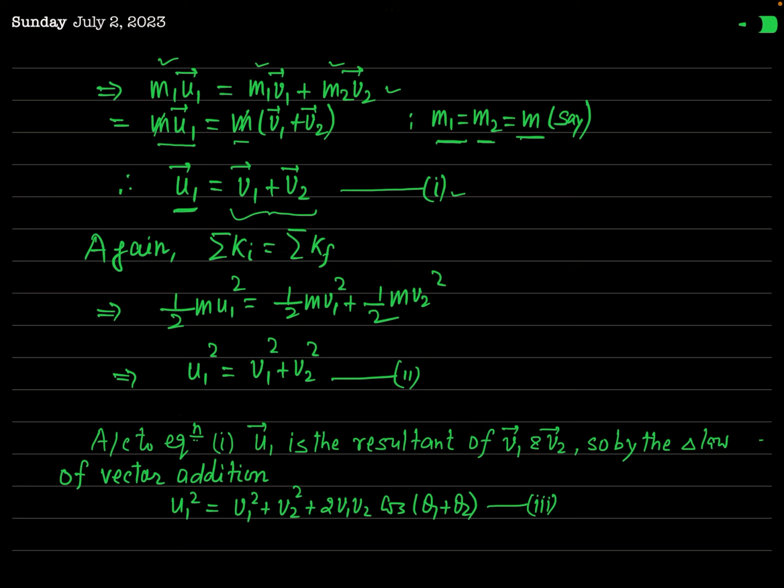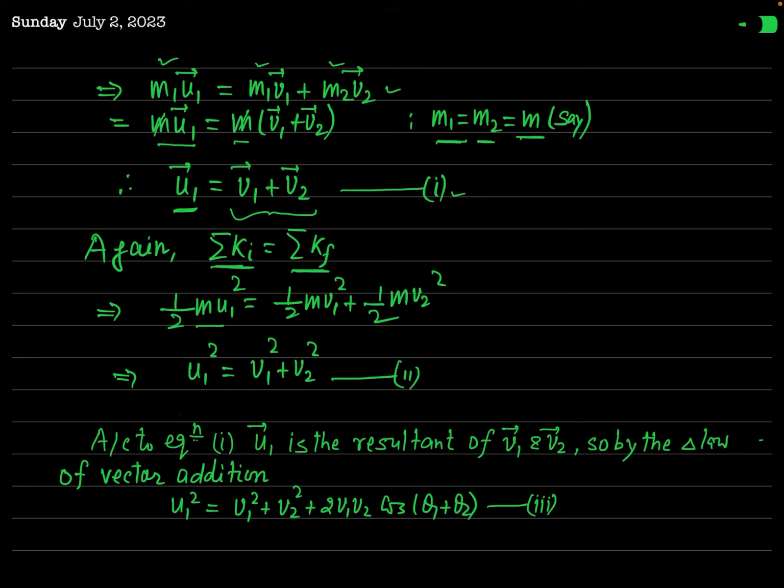Now let us apply the principle of conservation of kinetic energy, because the collision is elastic. In elastic collision, total kinetic energy of the colliding system before collision, summation Ki, is equal to total kinetic energy after collision, summation Kf. Before collision it is simply half m1 u1 square, because u2 is 0.